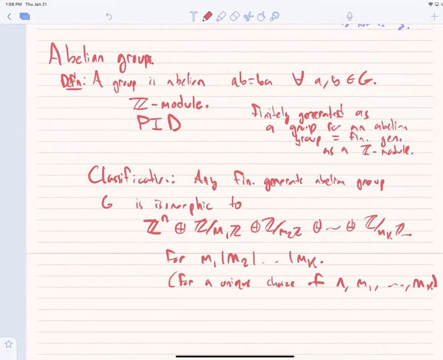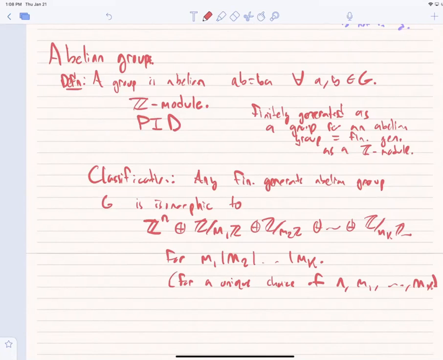Presumably it was covered last semester. If there's one thing you should take away from graduate abstract algebra, it's that theorem and how to deduce Jordan normal form and rational normal form from it.